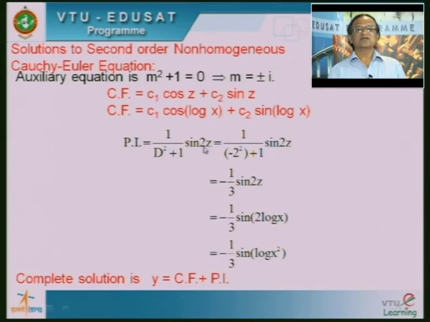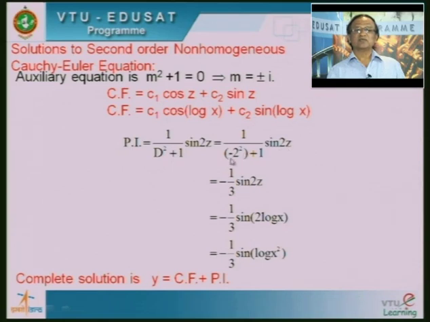Here a means 2, right. So, d square can be replaced by minus a square, means 1 divided by minus 2 square. It should not be minus 2 whole square, it is minus times 2 square, because both are not the same. Okay. So, now simplify minus 2 square plus 1, sin 2z.